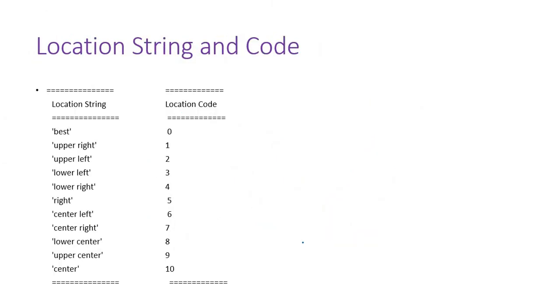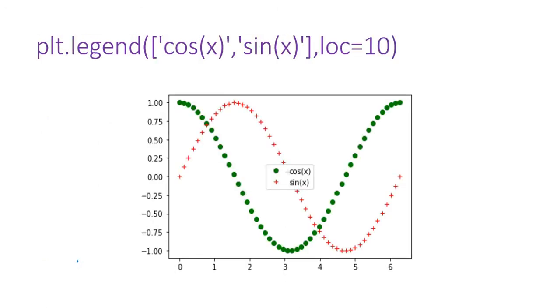Again, you can decide the location where you want to add this legend. 0 means the best position according to the figure. Suppose I want the legend in the center, I can use the location code 10. This is the additional argument, loc is equal to 10.